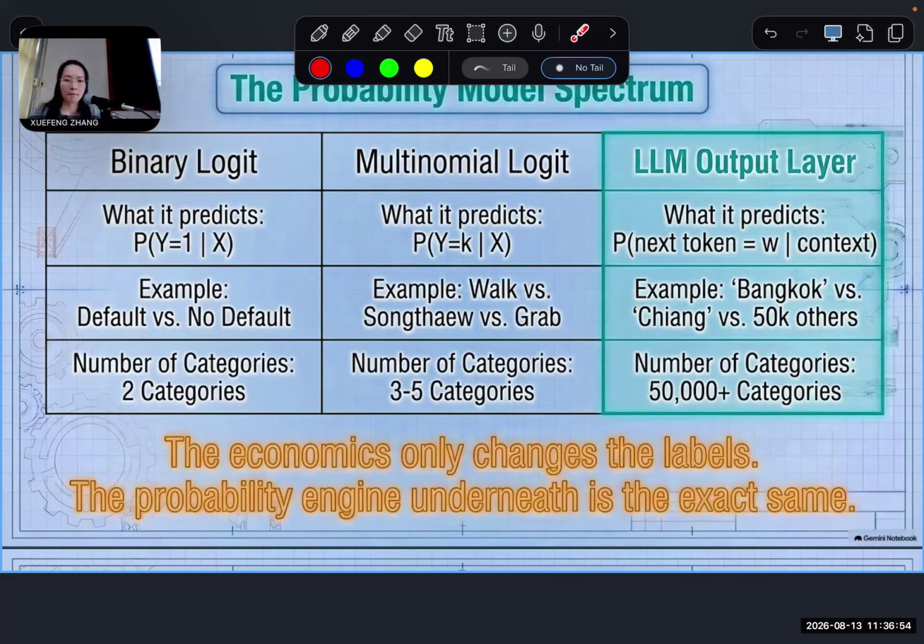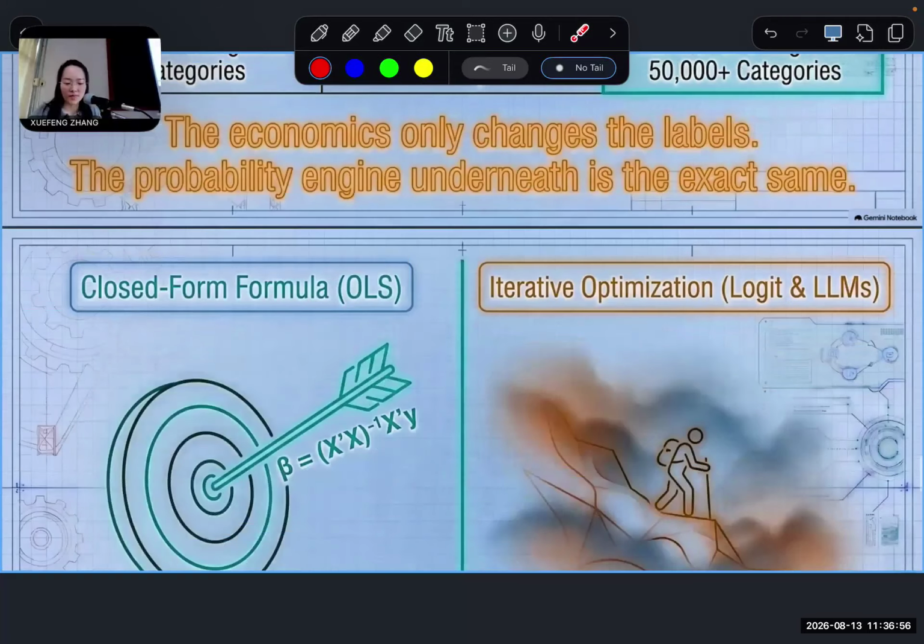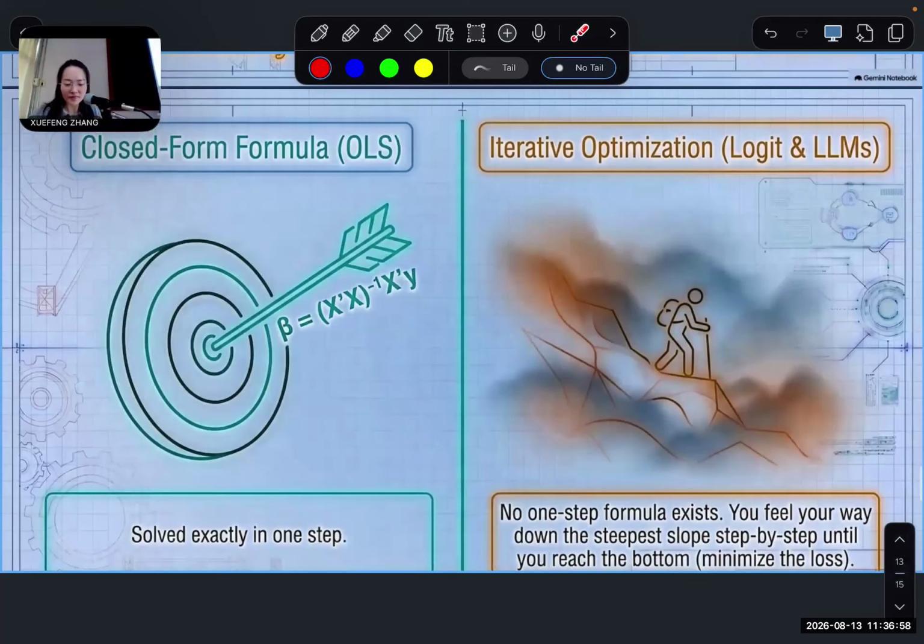Next one. On the left side, for OLS, we have a closed form formula. What does closed form mean? We have a specific formula to calculate. If I give you the numbers, you can calculate by hand, or you can use programming to do that.